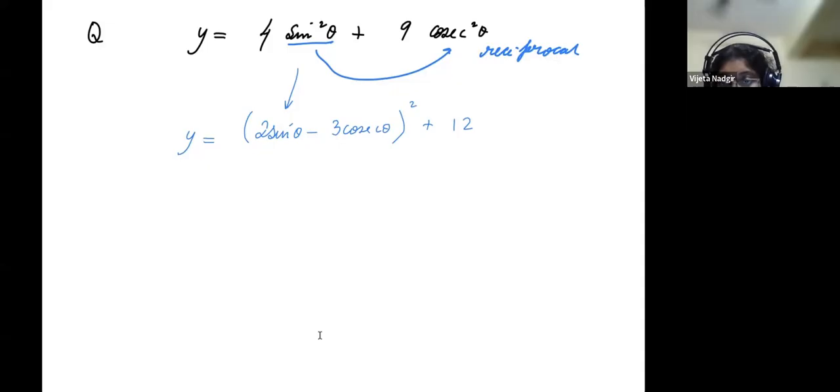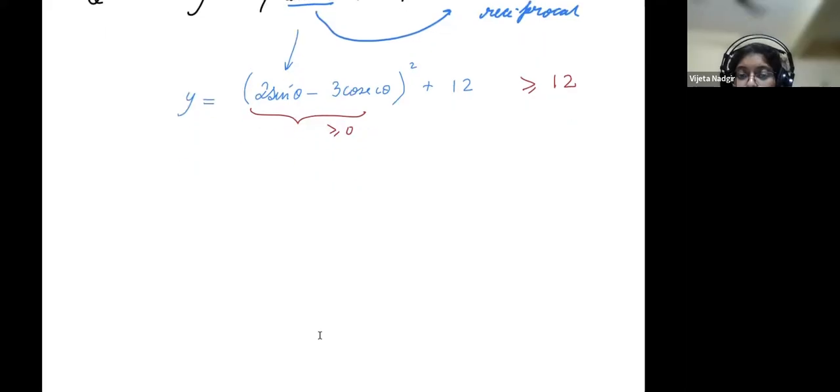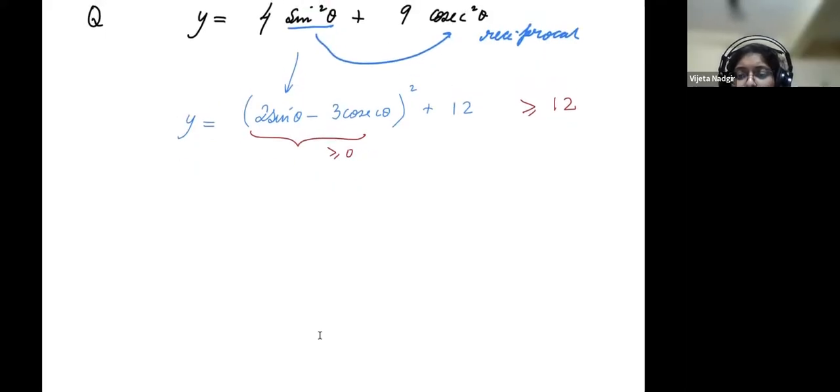Now please listen. This is always greater than or equal to 0, so you will be thinking this is the answer and you will be happy. But the problem is, I always tell students and they forget: the bracket can't be 0. It can't be 0.